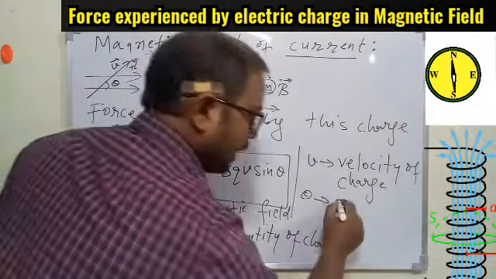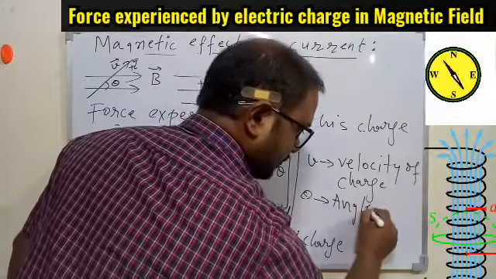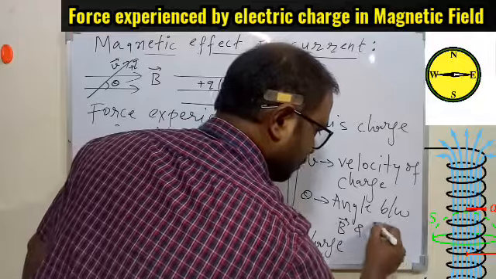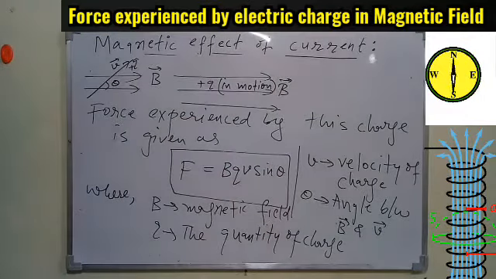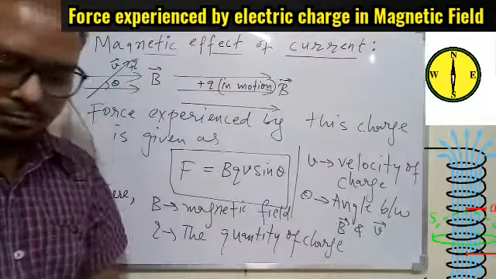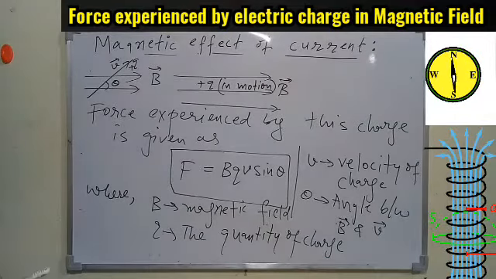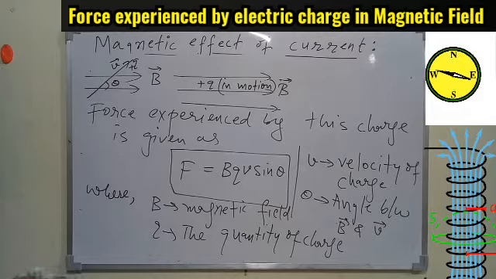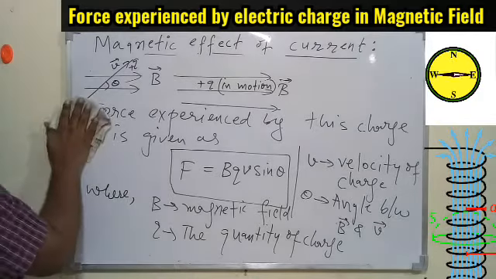So we can write down the angle between B and V. V is for the velocity and B is for the magnetic field. This is just the formula which will help you to remember all the concepts. I hope you understood the meaning.